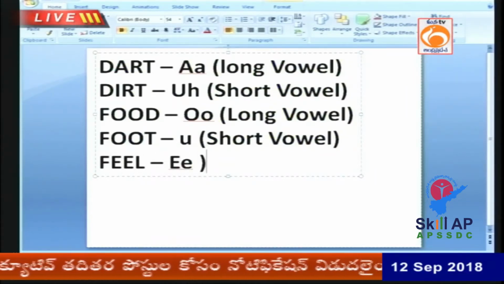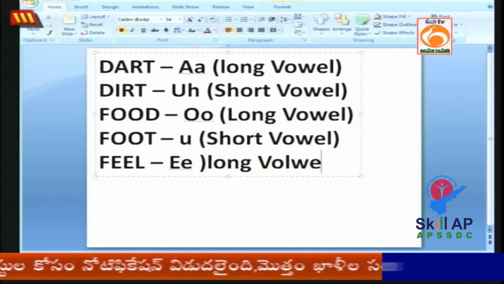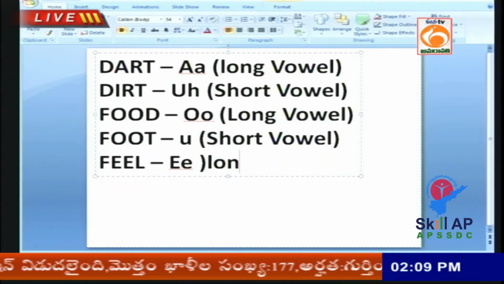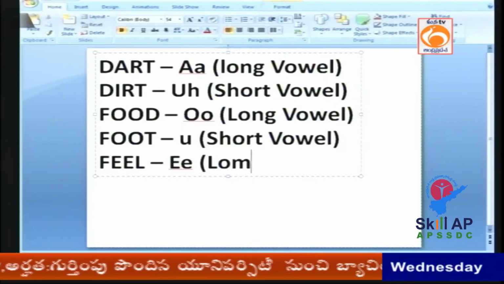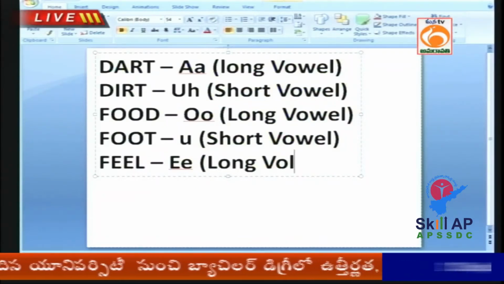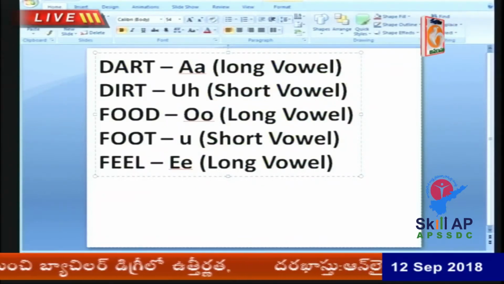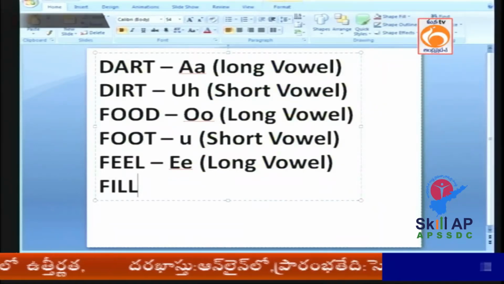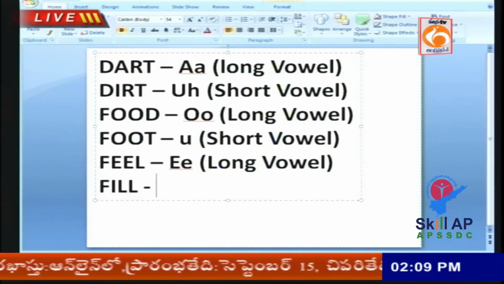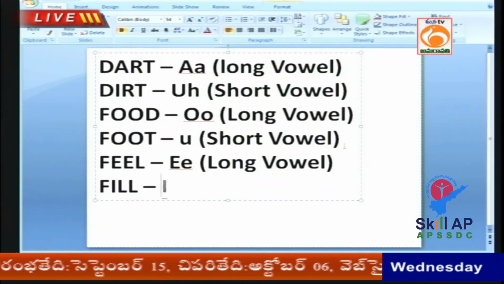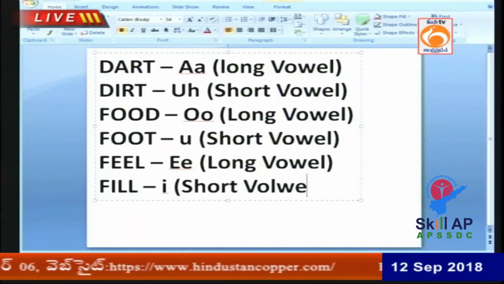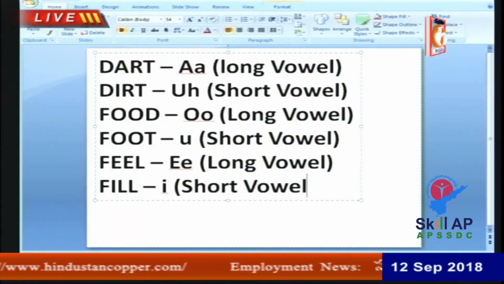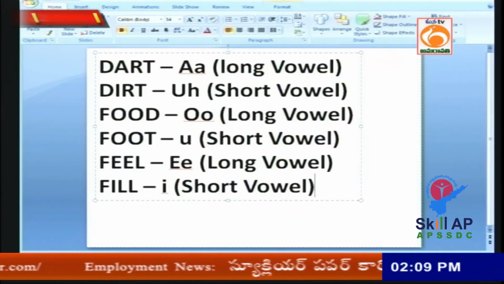Next one, feel, which is the long vowel sound, e. And then I have fill, which is the short sound.